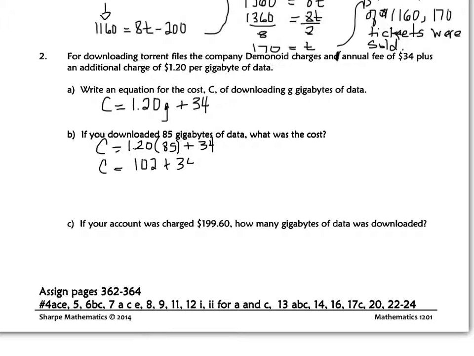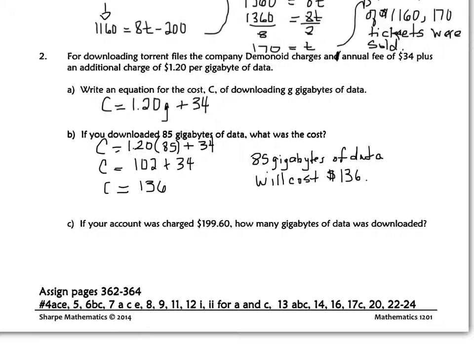Plus your $34, so that gives you a cost of $136. So 85 gigabytes of data will cost $136.